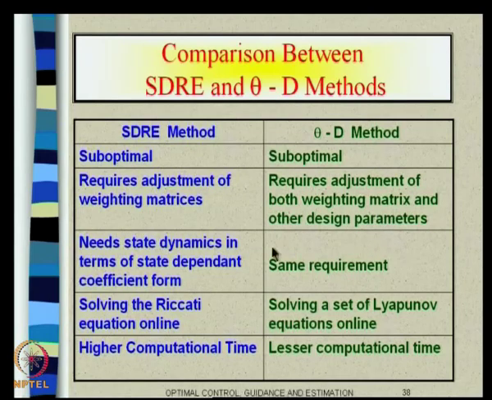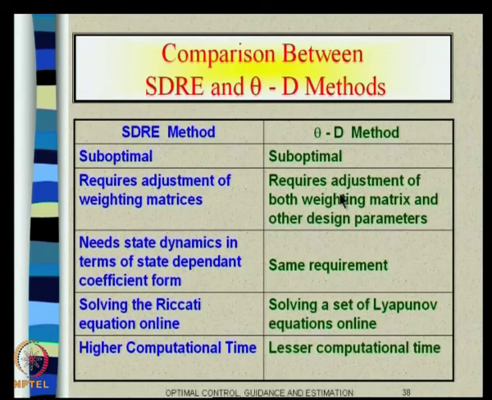In SDRE, once you adjust the weighting matrices, it is all Riccati equation solution, you do not have control over that. It is just a procedure you follow, but here, in addition to selecting Q of x and R of x, you have to select additional design parameters. That means how you decompose into the series A naught, A1 and so on, even this KI, LI and so on.